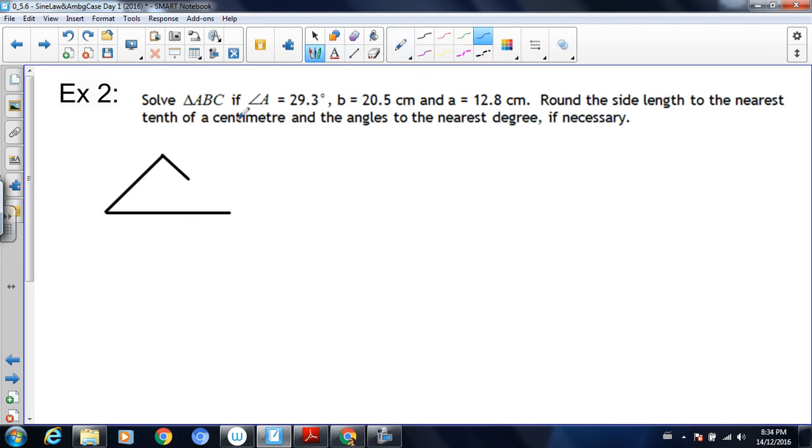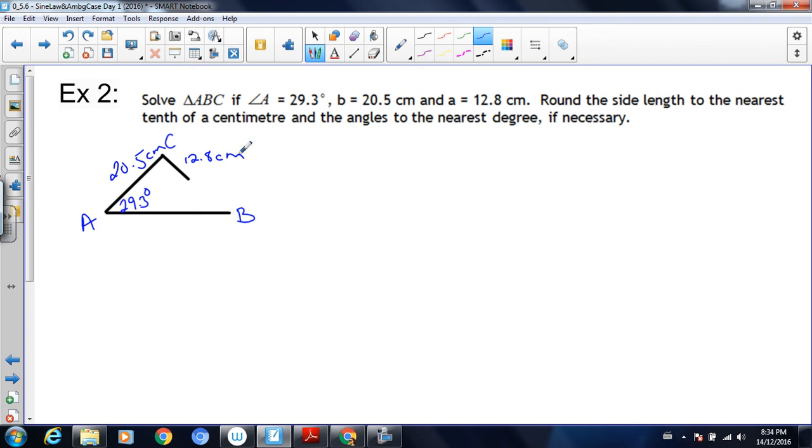All I know right now is angle A is 29.3 degrees. Side B is 20.5 centimeters, and side A, which is this side, is 12.8 centimeters. This is B and this is C. We always label our triangle ABC, and the angle they usually give you in your homework is the angle that has to be placed here.